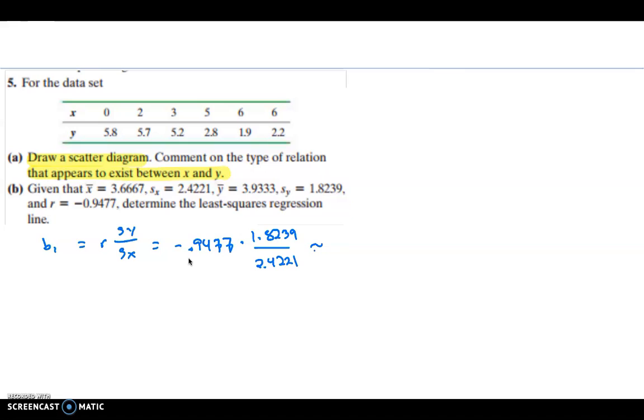And that is approximately negative 0.7136. So that is B1.